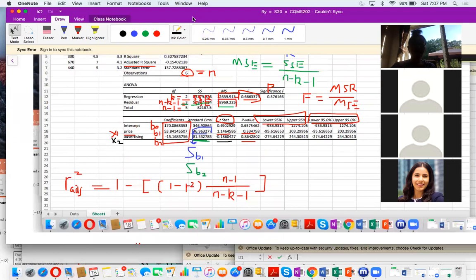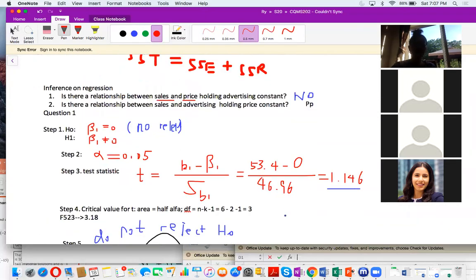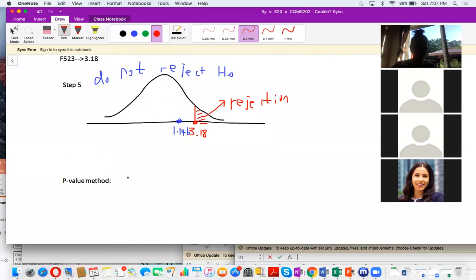If you go to the output here, the p-value for price is 0.33.